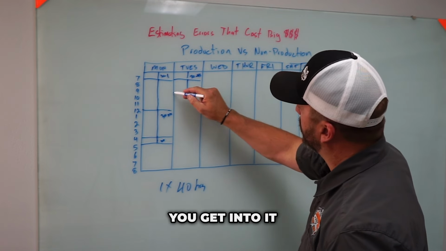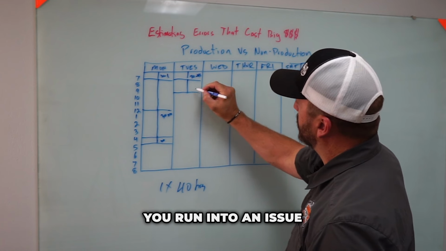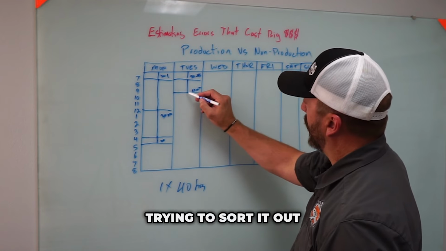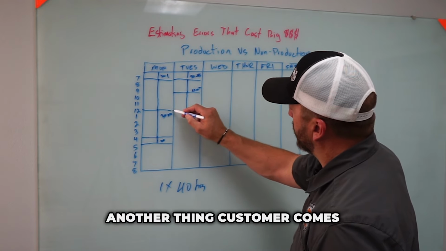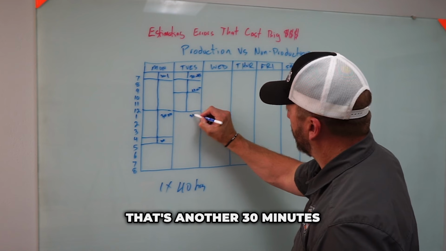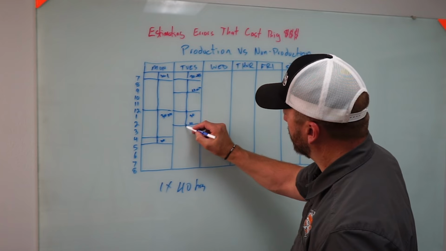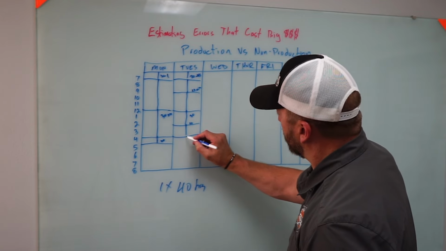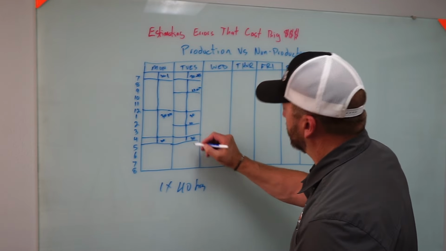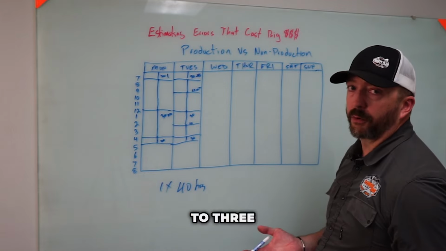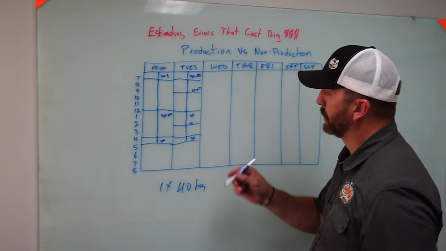You get into it, right about this time, you run into an issue, 15 minutes on the phone trying to sort it out, figure it out. Another thing, customer comes home at lunch again, that's another 30 minutes. You come here, maybe you got another issue, it's 10 minutes. You get to the end of the day, tear down, 30 minutes, another problem. You've lost 1 to 3 hours potentially on this.